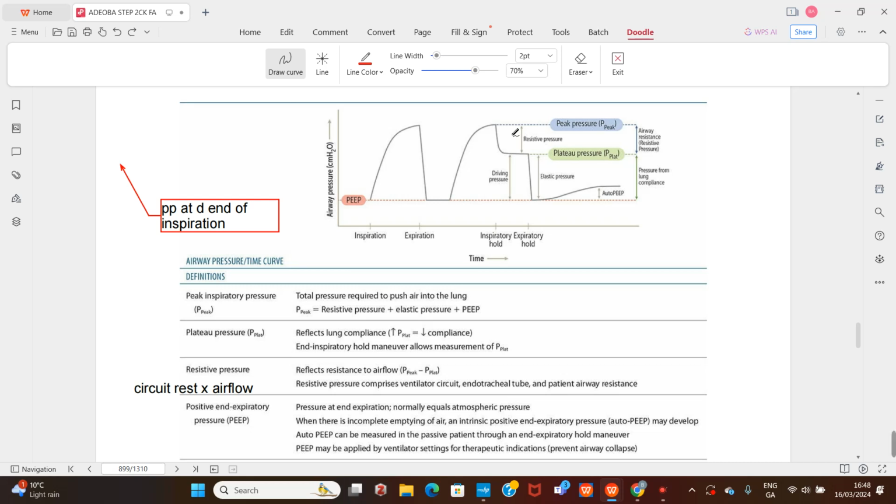So what we are doing is that the person breathes in, then you hold, not breathing out, you hold it. Now, when you hold that breath, you are no longer delivering any tidal volume again. No air is coming in again.